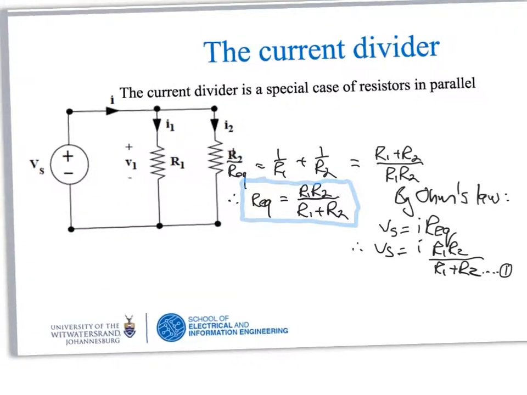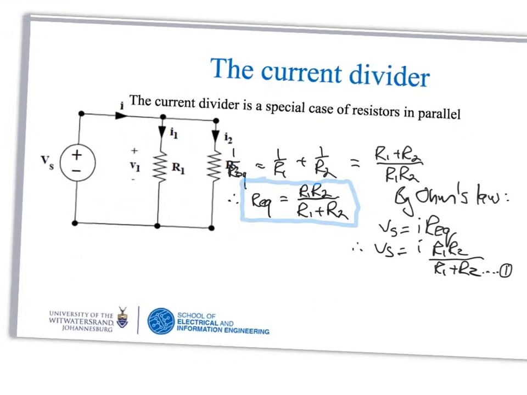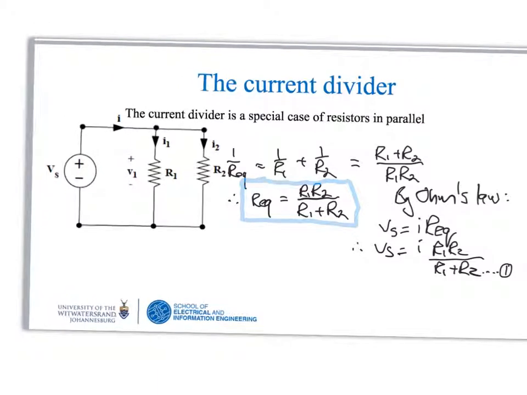Also, by Ohm's law, we know that I1 is equal to Vs over R1.